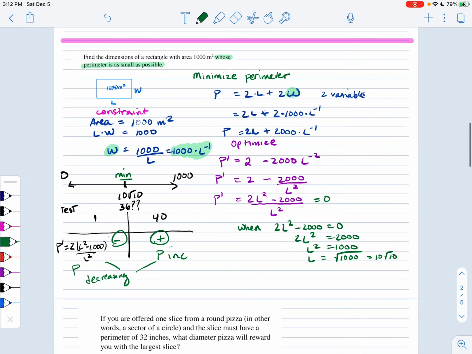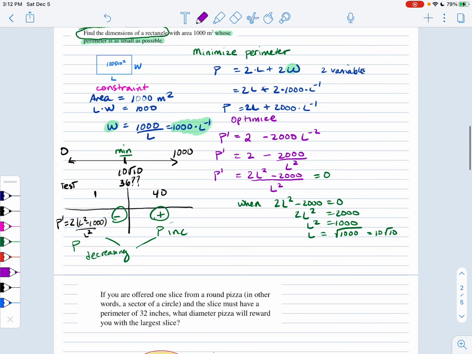So it asks, find the dimensions. That's the answer to our question here. Find the dimensions of the rectangle. So our answer is going to be, the dimensions are going to be length times width. And I know that my length is 10 root 10.